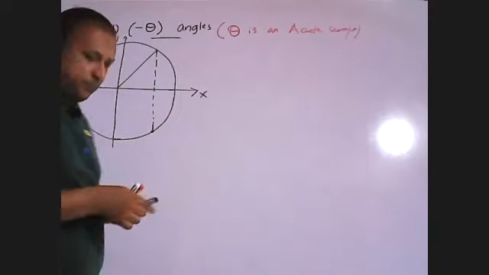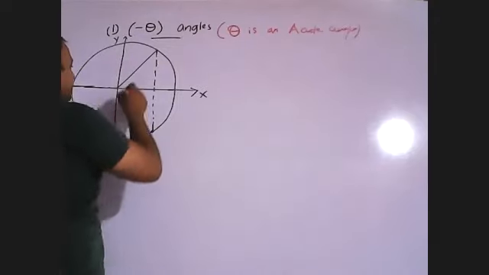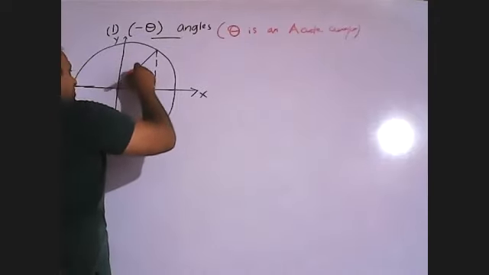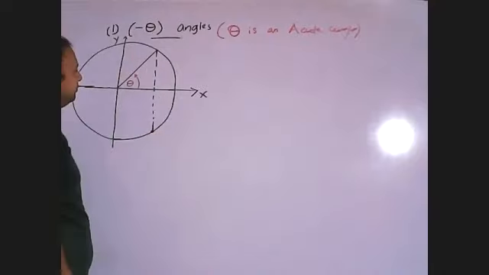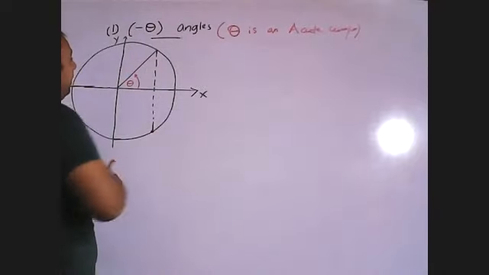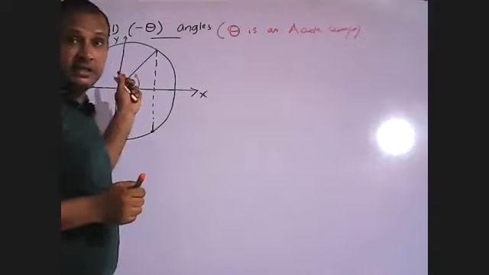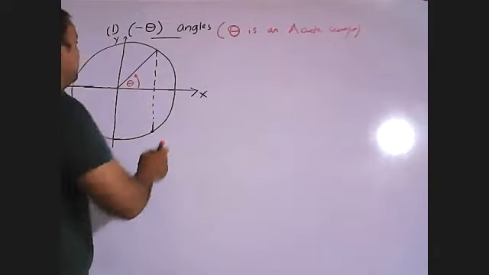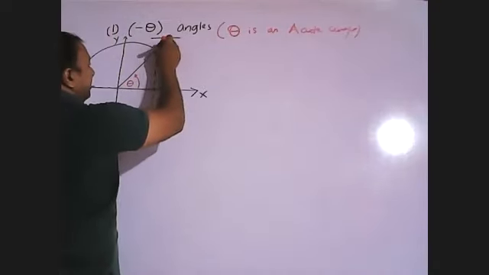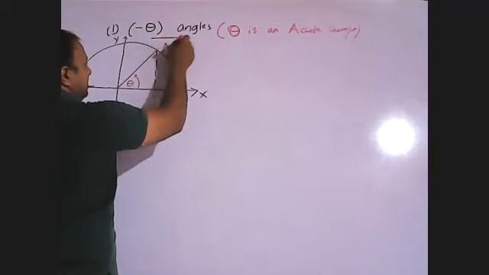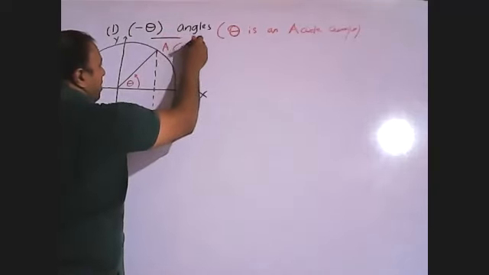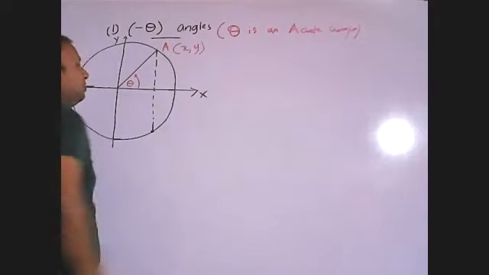Suppose this angle is theta, and the point relevant to this angle is A, and the Cartesian coordinate is (x, y). This is my assumption. Okay.